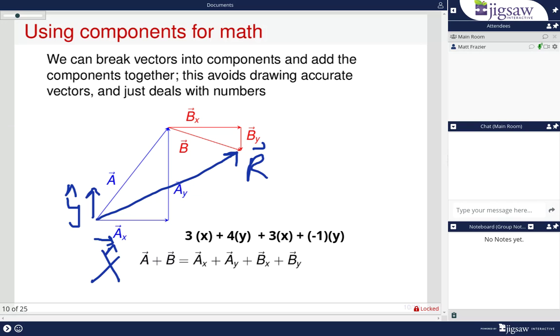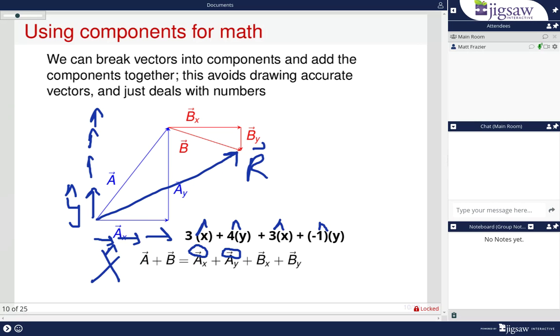When we talk about vectors, we put a little symbol over them that says those are vectors, and when we do unit vectors, we put a little symbol over them that says these are the unit vectors. So here we have just some numbers times these unit vectors. We're going to use 3 copies of the x thing, and that gives you Ax, and then 4 copies of the y thing, which I'm bad at drawing.